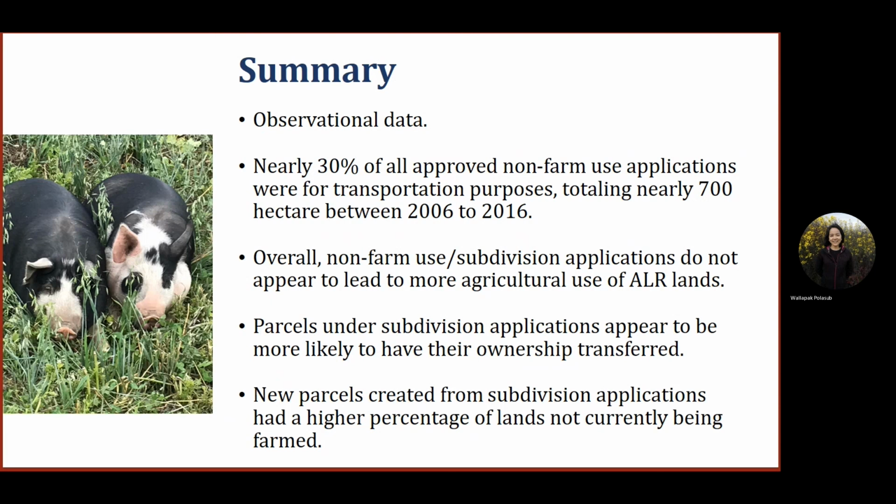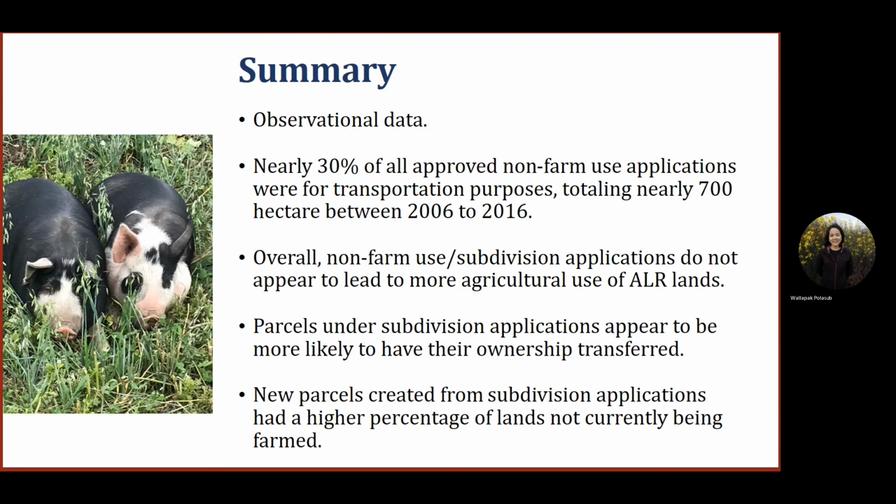There are no causational relationships here that we can say perfectly. These are just observational data. And it's the first time that we look at this data. So we hope that at least we started this, and that in the future there will be better studies that use this data to provide more insights into it.